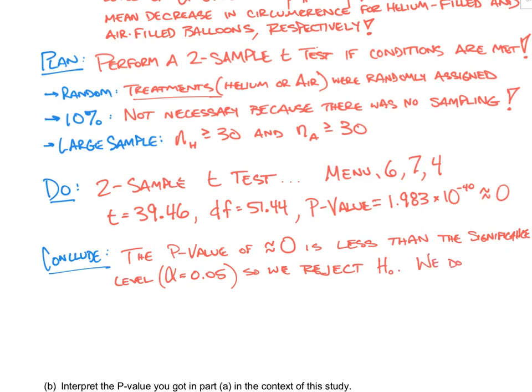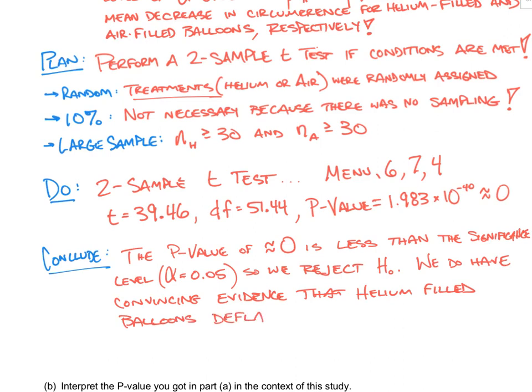We do have convincing evidence that helium-filled balloons deflate faster than air-filled balloons. Now you know, folks. Okay, so that's it for the 4-step procedure on that problem. That's a significance test. Comparing two means.